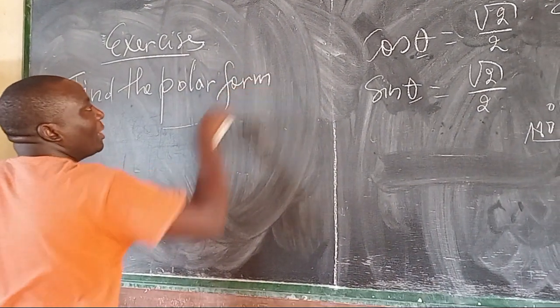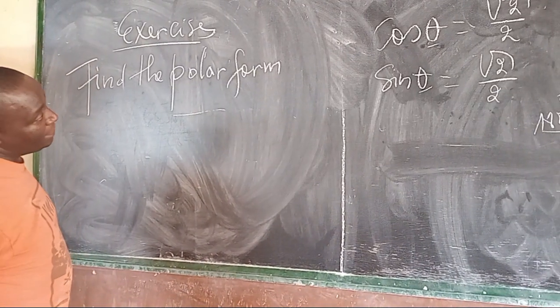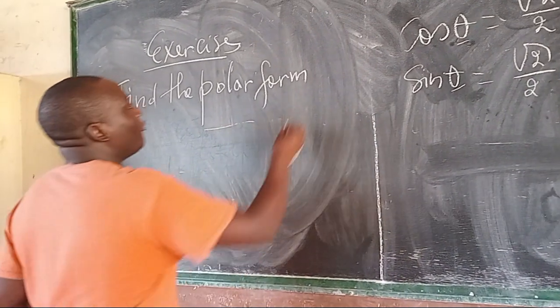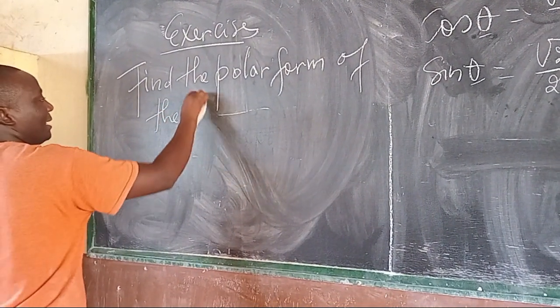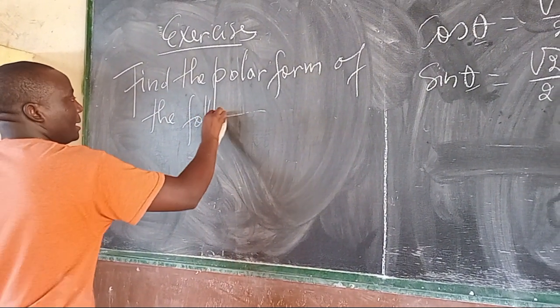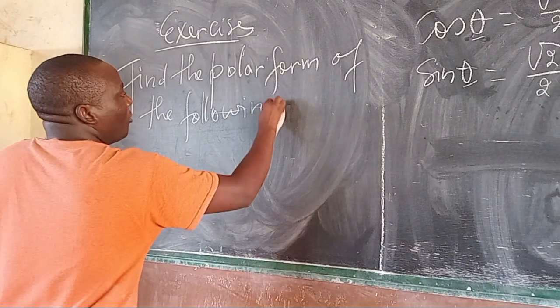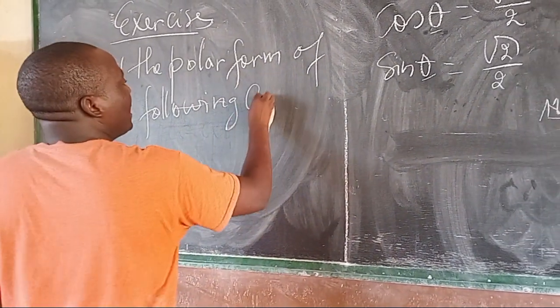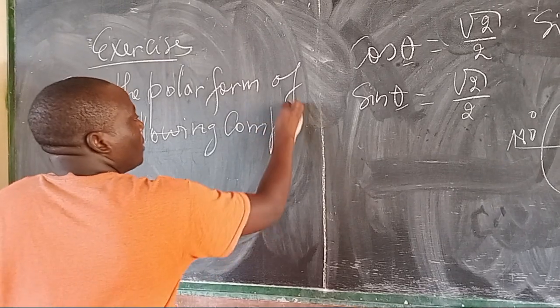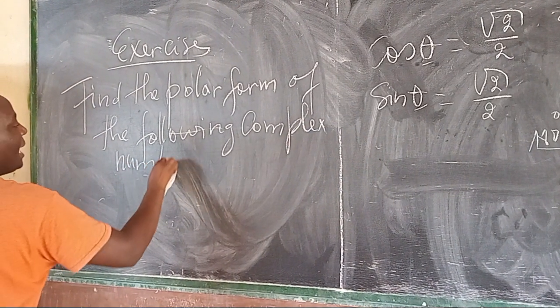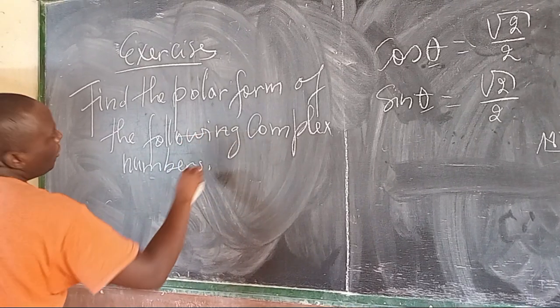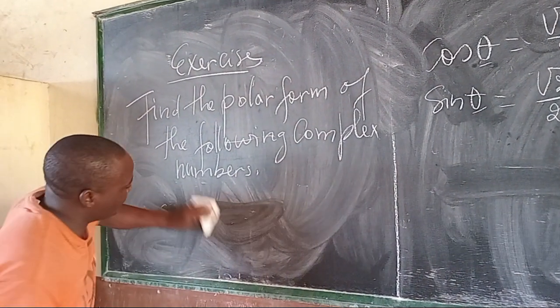When I say polar form, it is the same as trigonometric form. Find the polar form of the following complex numbers.